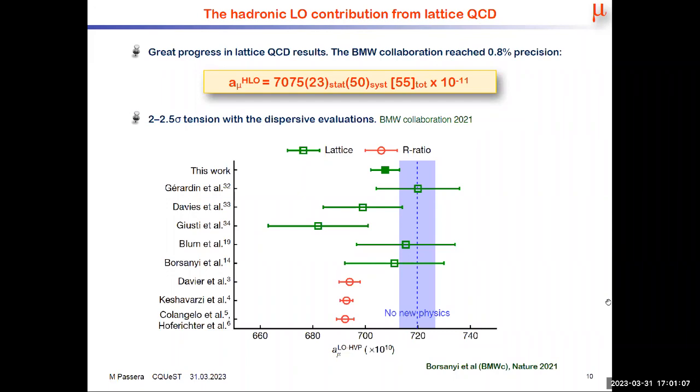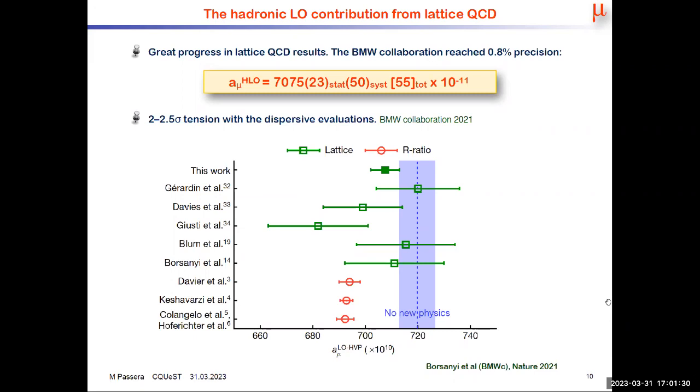And as you see here, you see the comparison with the one that I showed you a moment ago. Let's call them the dispersive approach ones. So the dispersive ones that I showed you a moment ago are here, and this is the value in this squared block here, the value from the BMW collaboration.